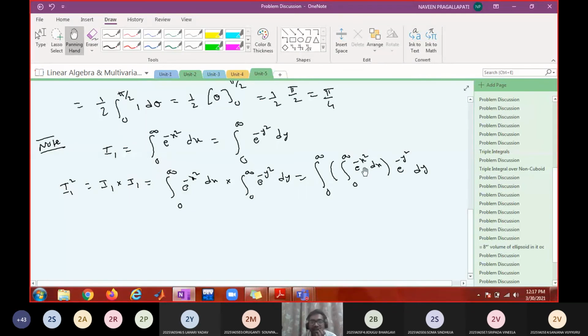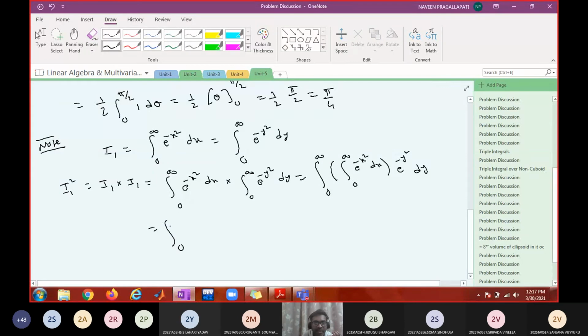Now here, because you are integrating with respect to x, all other variables will be treated as a constant. Therefore for this integral y will be treated as a constant. Therefore e power minus y square is also treated as a constant. Do you agree or not? Therefore e power minus y square can be written inside the integral also.